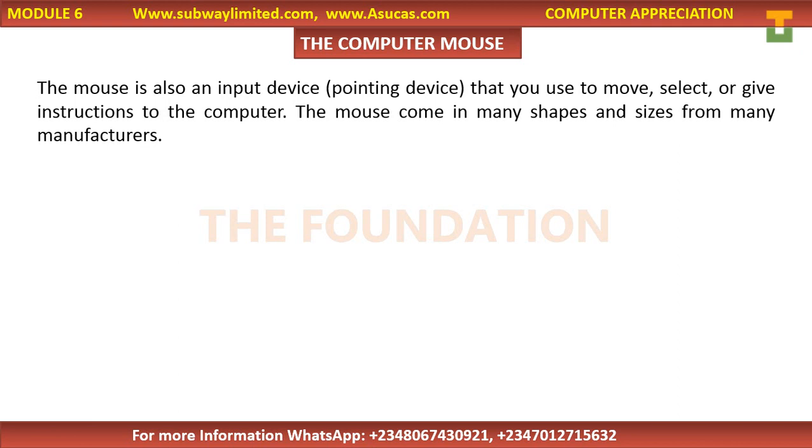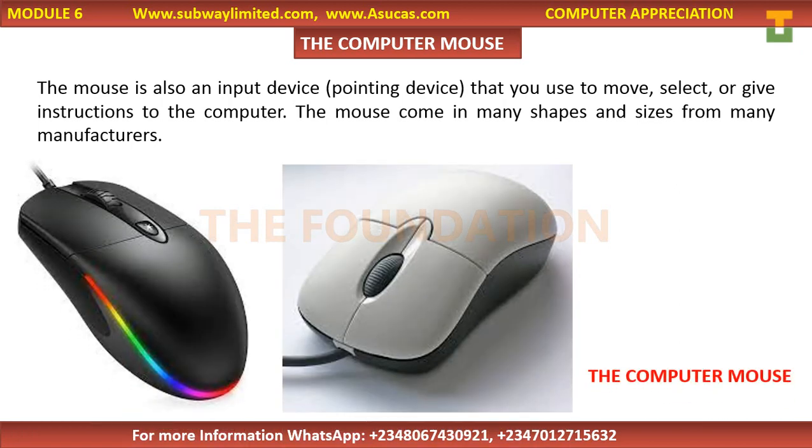The mouse comes in many shapes and sizes from many manufacturers. All these computer hardware and software come in different shapes and sizes from different companies. You can see this is a typical computer mouse.